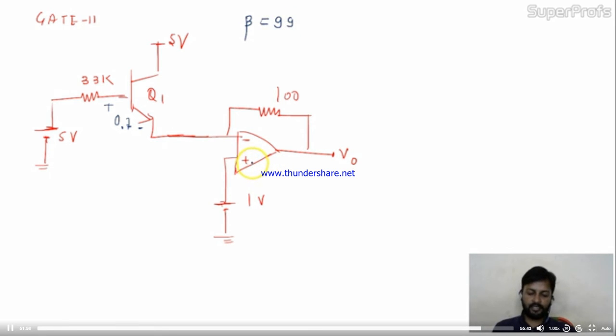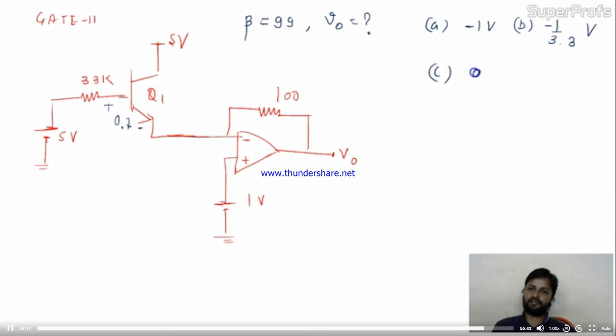The output voltage V naught in the ideal op-amp circuit shown below is asked. What is the V naught over here? Options are given. A is minus 1 volt. B is minus 1 by 3.3 volt. C is 0 volt. And D is 33 volt.